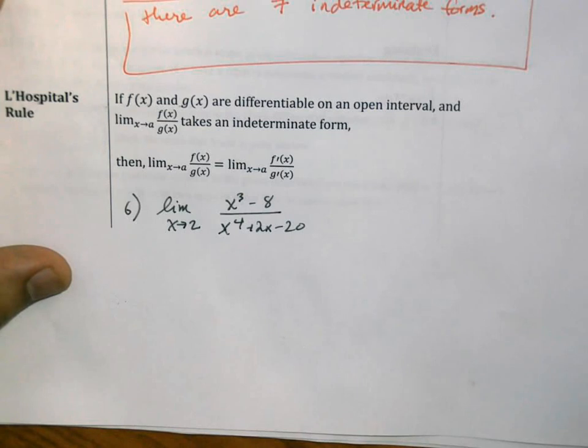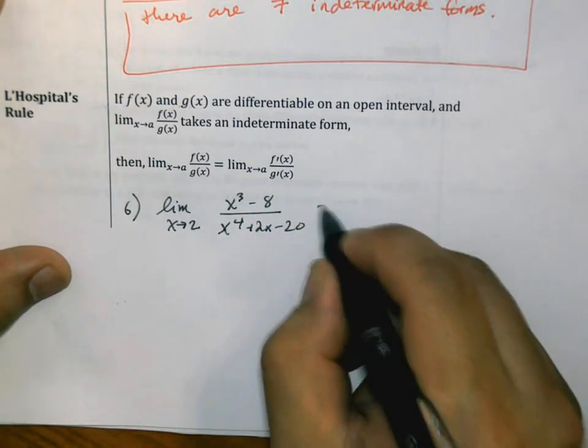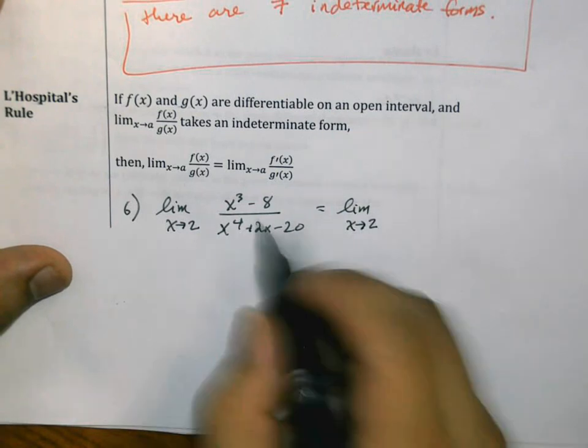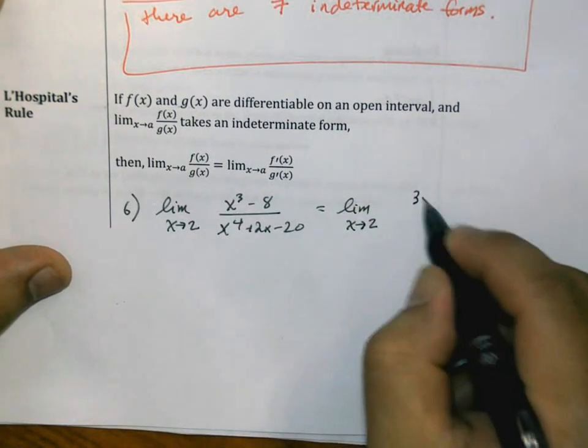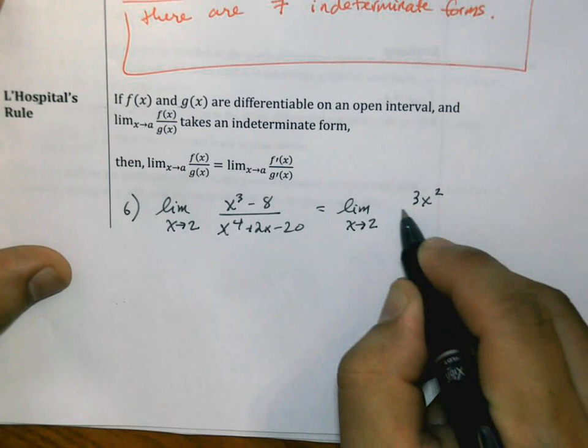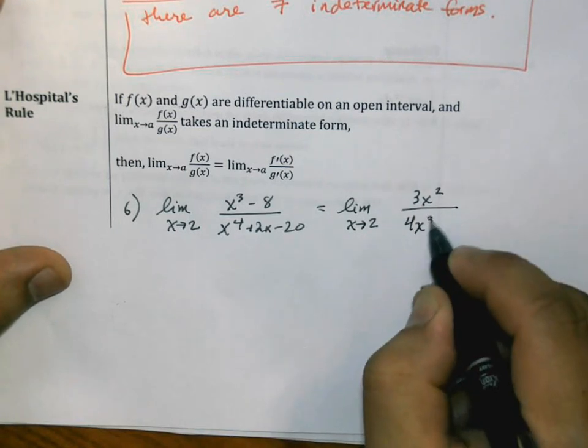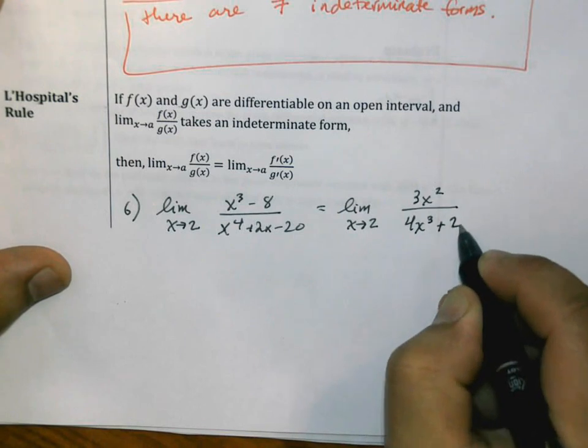From above, we've already shown that they take an indeterminate form, so we can start by taking some derivatives. Derivative of the top is 3x squared. The derivative of the denominator is 4x cubed plus 2.